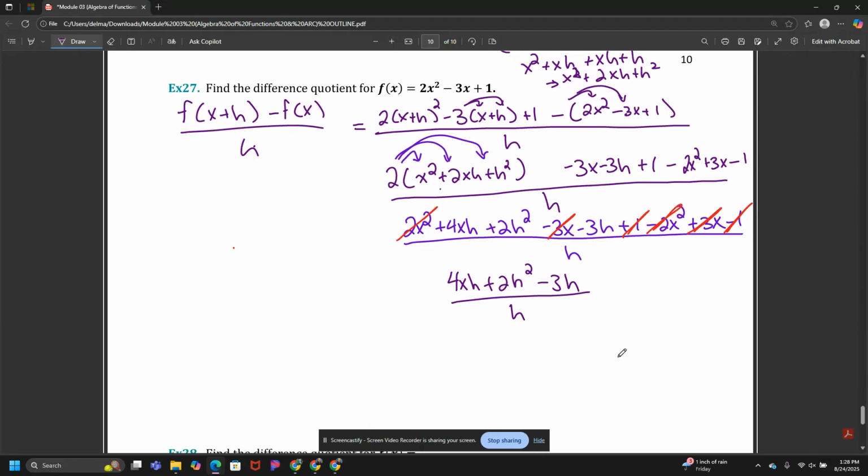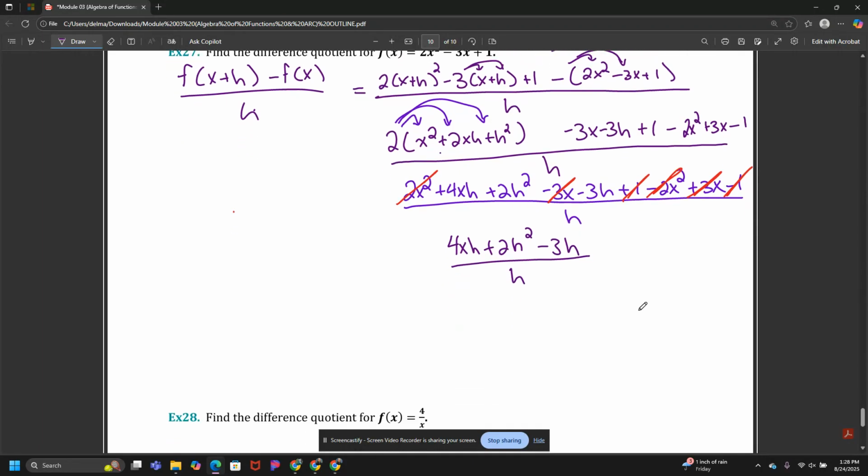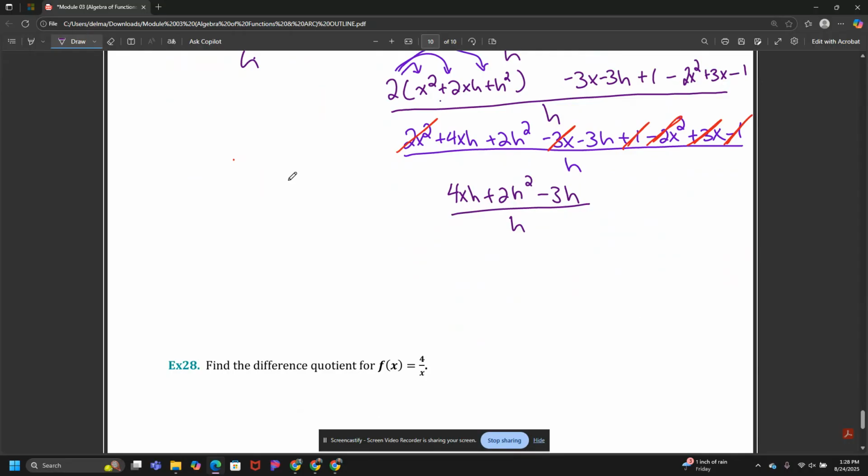Okay, so I hope y'all are following so far. I hope me doing this part up here where I showed y'all to FOIL helped. Okay, so now I'm going to factor what's common. H, h, and h. Let's take out h. So this is 4x plus 2h minus 3 over h.